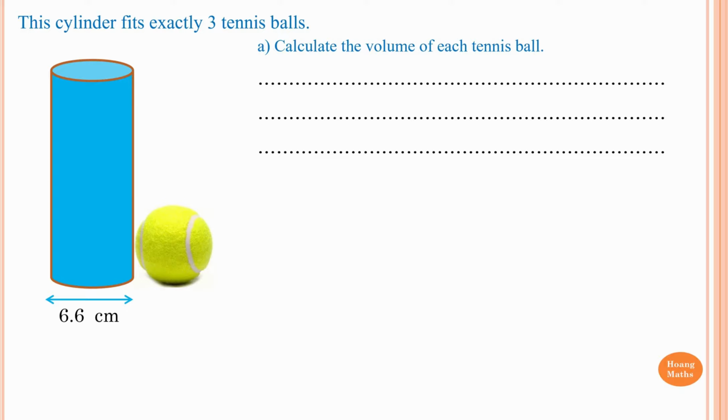Part A. So to find the volume of a tennis ball, first of all, we know that volume is equal to 4/3 pi r cubed. To find the radius of the ball, we know that the diameter of the ball is exactly the same as the diameter of the cylinder.